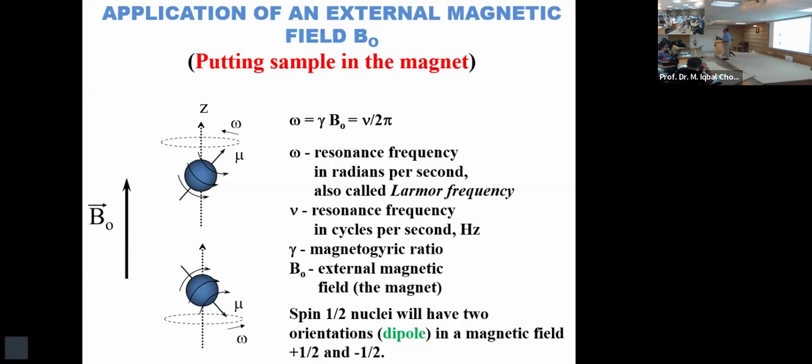If carbon 12 is not active, carbon 13 is active. If oxygen 16 is not active, oxygen 17 is active. Similarly, every element has at least one isotope which is NMR active.